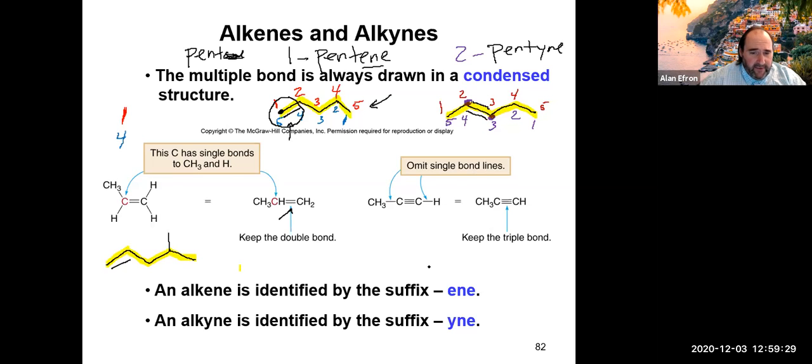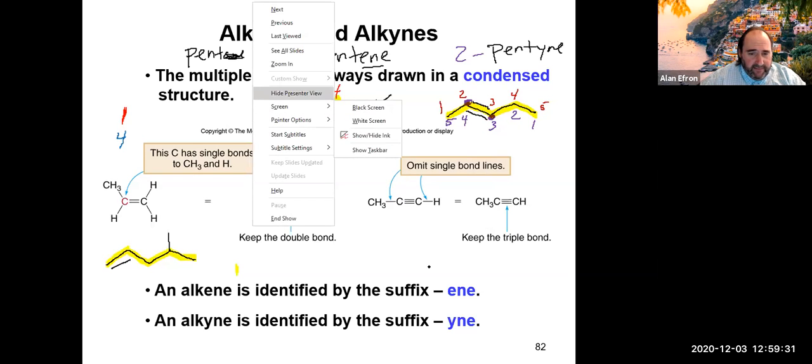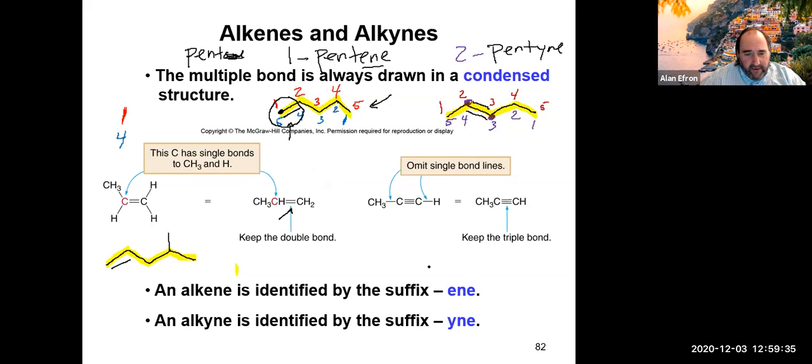We again are going to have the base of our name being, and we already know if we number this way, 1, 2, 3, 4, and 5, that the base of it is 1-pentene. The 1 again for the location of where my double bond is. But I do have another group attached, which is a methyl group.